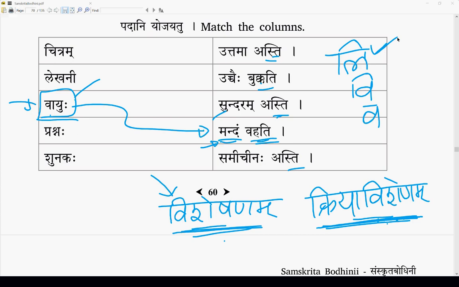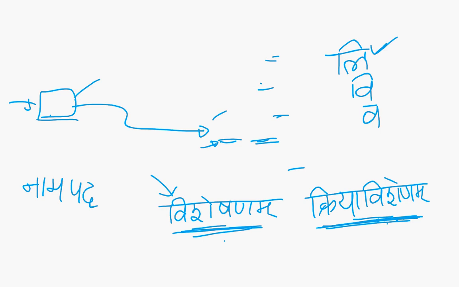Okay. Note that, just for everybody's understanding, in Sanskritam, on the very top level, there are only two types of pada. Two types of words. The entire language is made of words, right? Anything you take, it is a word in the language.